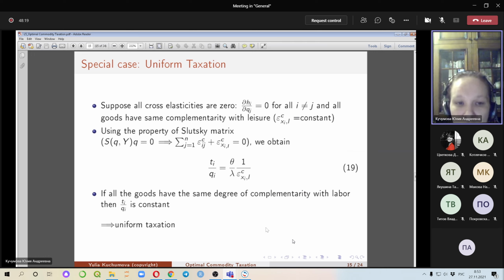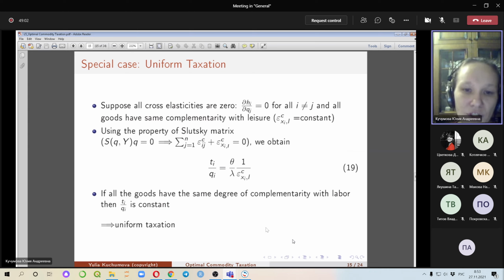Then we can obtain, if we recall another property of the Slutsky matrix, let me explain first, more generally. You see this S multiplied by Q equals 0, in matrix form. So the Slutsky matrix S, we multiply by vector Q and obtain a vector, and this vector is equal to 0.